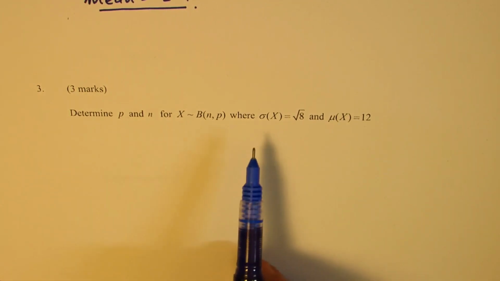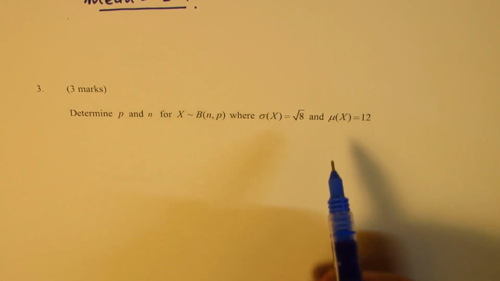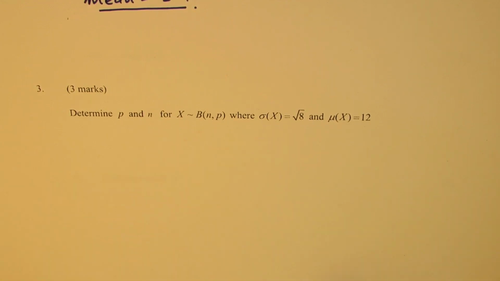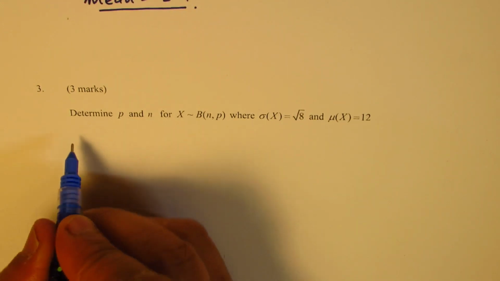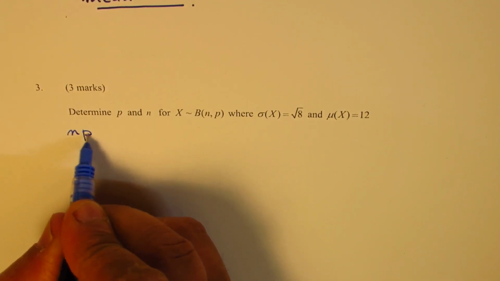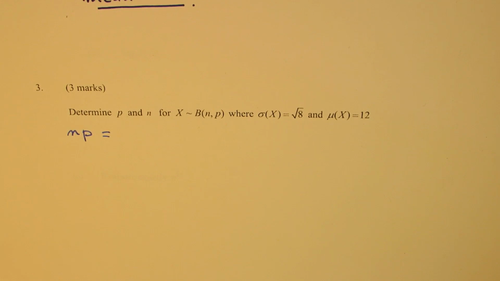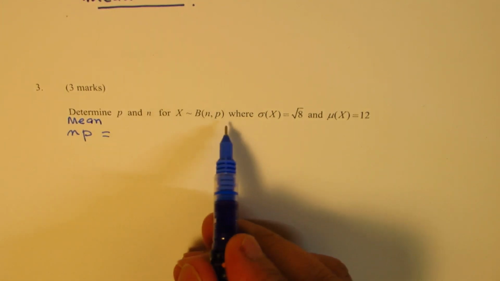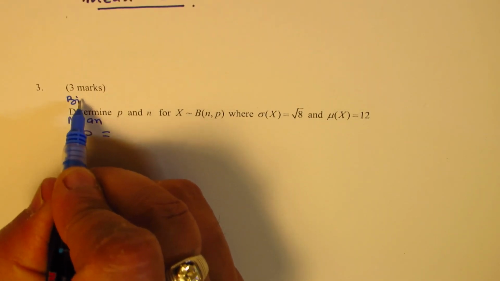Now for a binomial distribution, let's write down the formula so that we can easily solve this particular question, correct? So what we know is that NP is basically equal to 12, which is the mean, right? So NP is the mean for a binomial distribution.